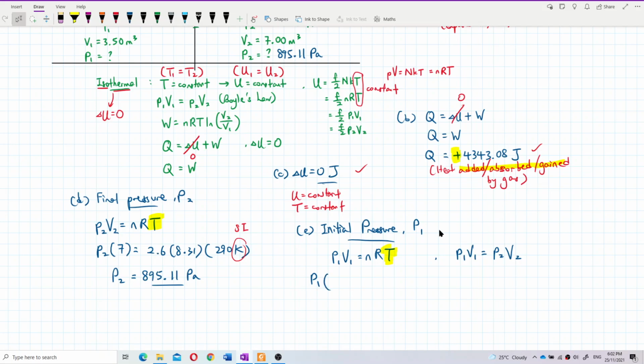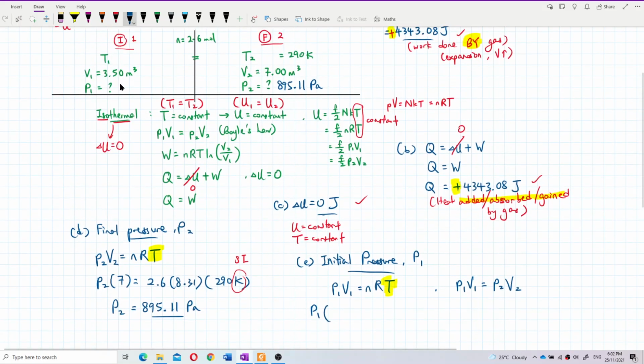What is the volume 1 over here? 3.5. The number of mole is still the same, and the temperature for the initial condition is the same as at the final condition because it's an isothermal process.